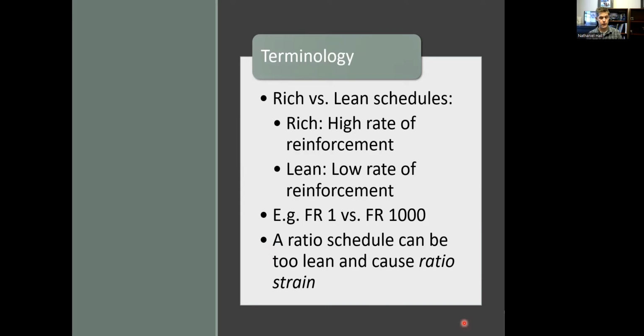You can get to a situation where that ratio becomes too lean and you start to see degradation of behavior or extinction of search behavior because your ratio, or the amount of payoff to the amount of work that's put in, might become too lean. And that can be a very individualistic measure as well from one animal to the next.